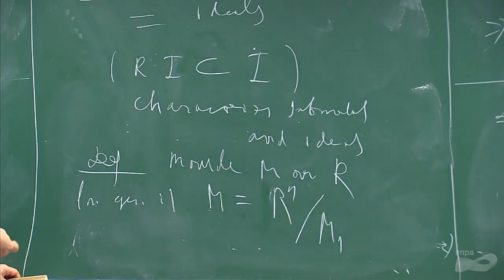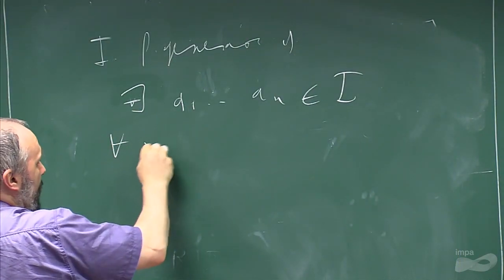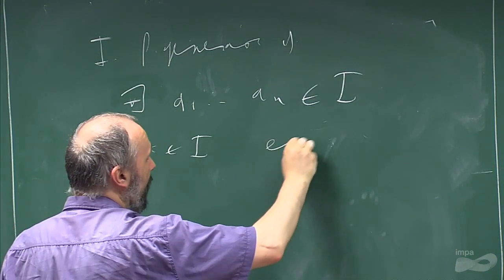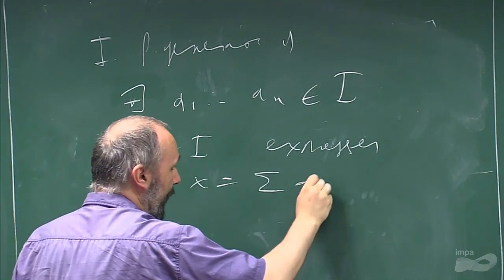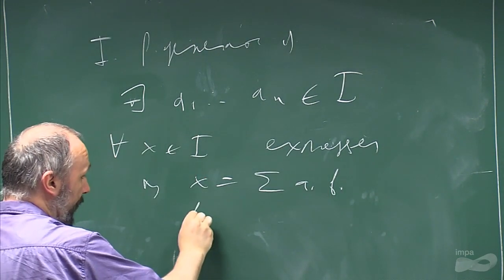The same is for finitely generated ideals; it's just a special case of finitely generated modules. So I is finitely generated if there exist a1, ..., an in this ideal I, such that each x inside I is expressed as x equals the sum of ai bi, where bi are elements of our ring.